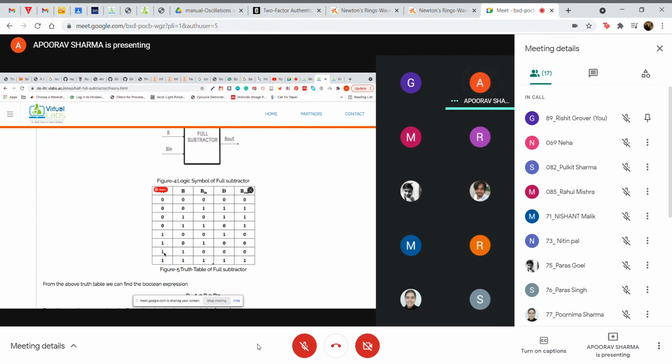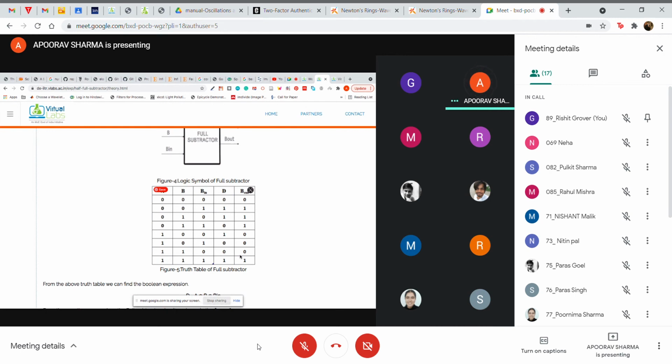Okay, 1 minus 1 is 0, 0 minus 0 is 0, so your difference is 0, and you don't have to take a borrow here, so there is no borrow here. Okay, similarly the last case, 1 minus 1 is 0. Now the result came as 0, now you have to take a borrow to subtract from it, so 10 it becomes, now 10 minus 1 is again 1, and you had to take a borrow, so that borrow is also recorded here.